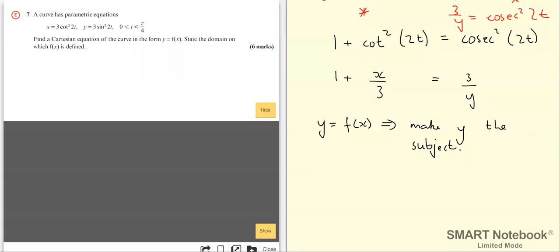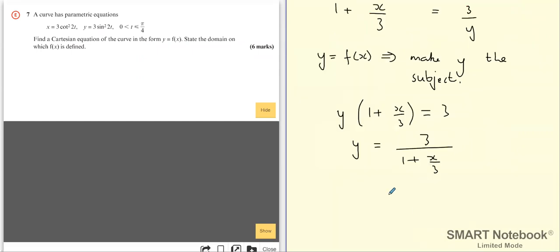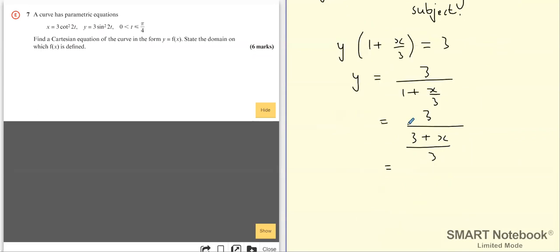What we can see is, if I need to make y the subject, I'll multiply the y across: 1 plus x over 3 equals 3, y equals 3 over 1 plus x over 3. Now you might be asked to simplify this. So how are we going to do that? We're going to write this as 3 plus x all over 3, which is the same as saying 3 divided by 3 plus x over 3.